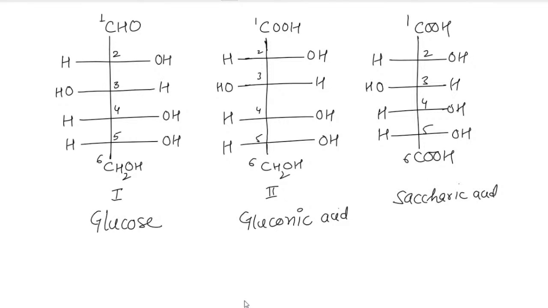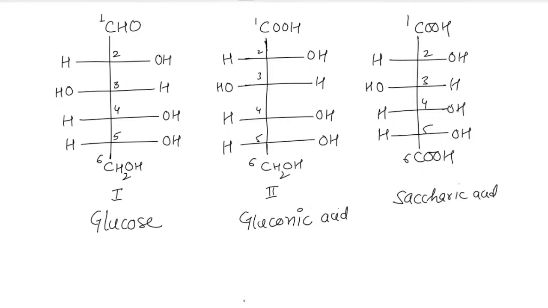Okay. So the OH group at C3 chiral carbon is oriented towards the left, while the remaining 3 OH groups at C2, C4, C5, these chiral carbons, are oriented to the right.